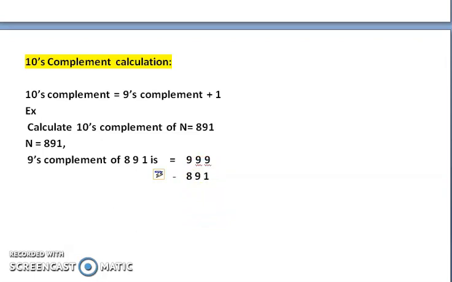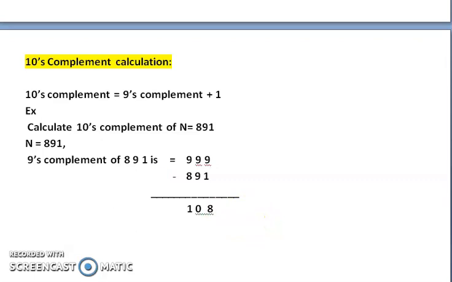The least significant digit is 9 minus 1, which is 8. Also 9 minus 9 is 0, and 9 minus 8 is 1. So 108 is the 9's complement value.